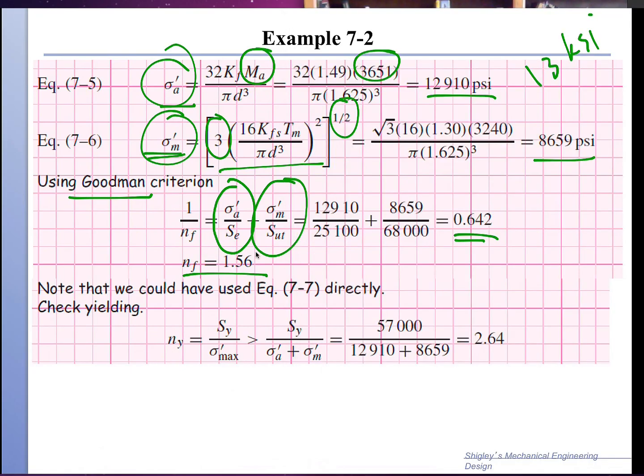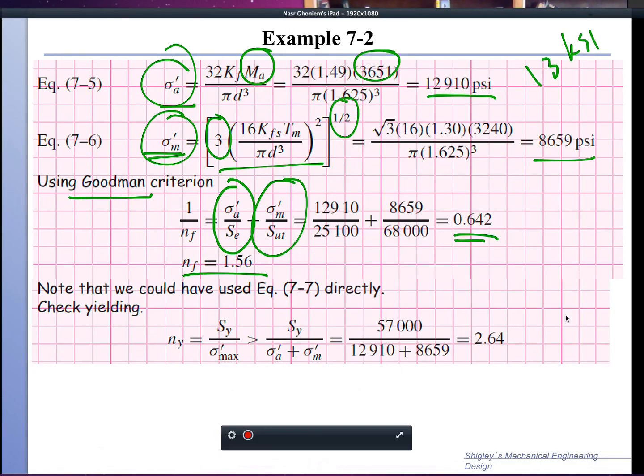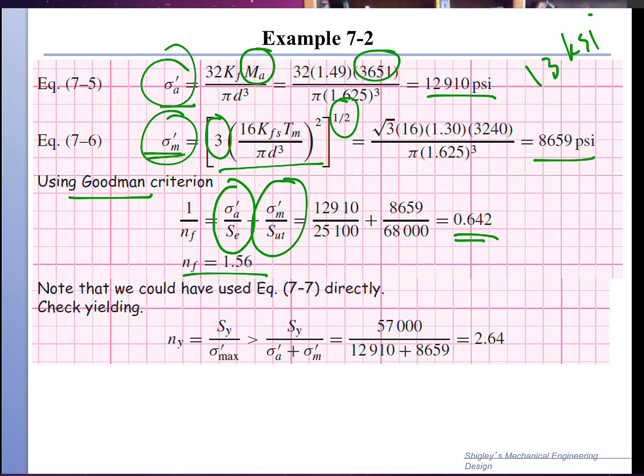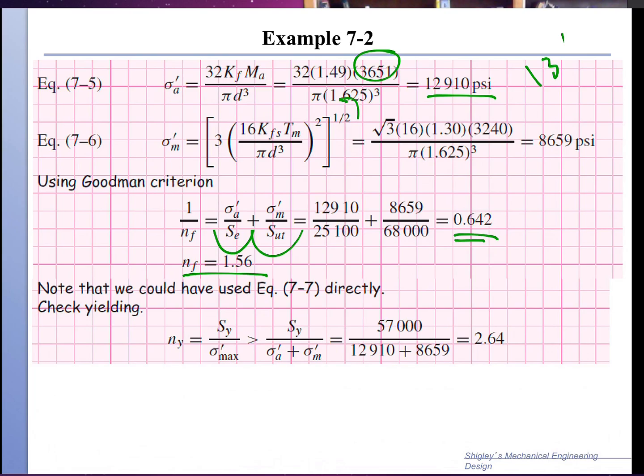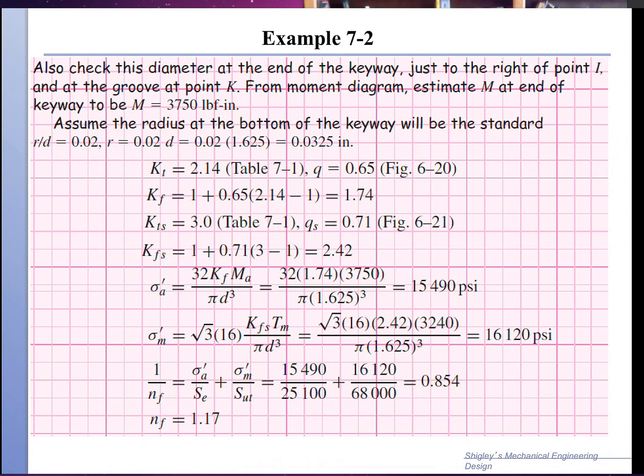And we do that, we find that the safety factor for yield is pretty high. It's 2.64, so there's no particular issue with that type of design requirement.